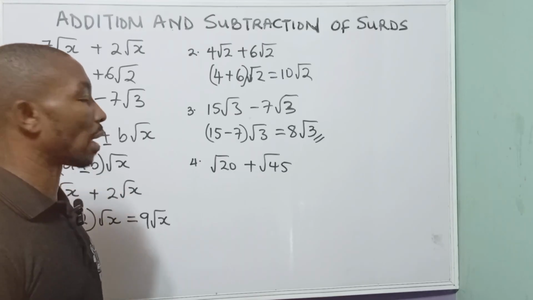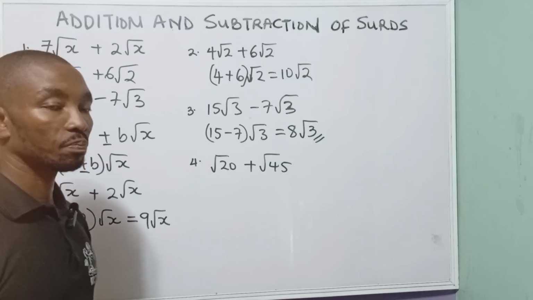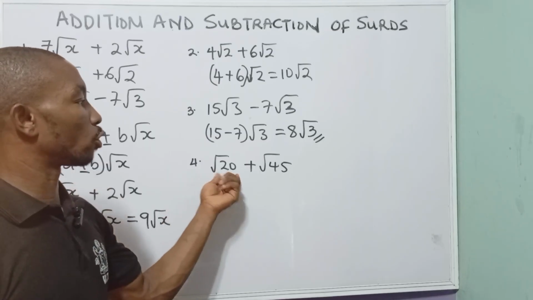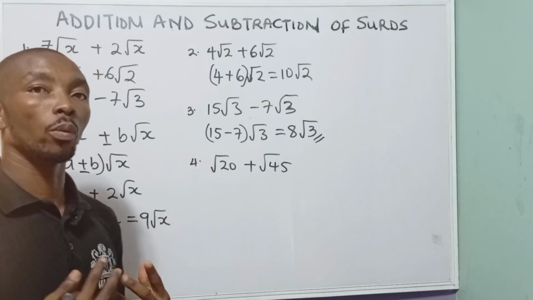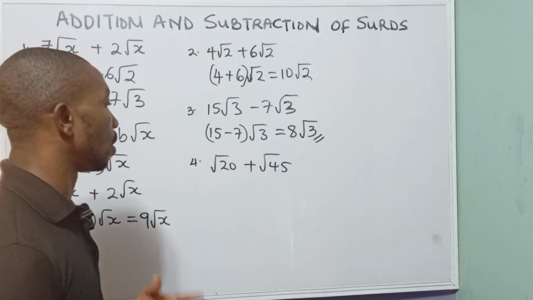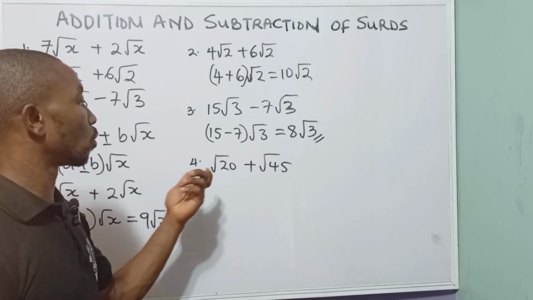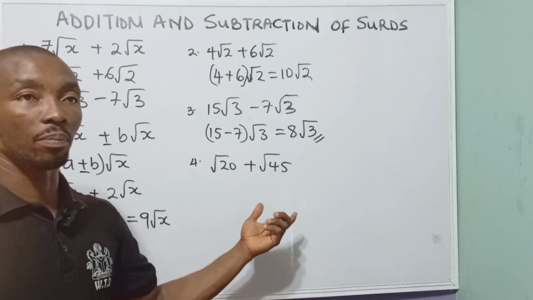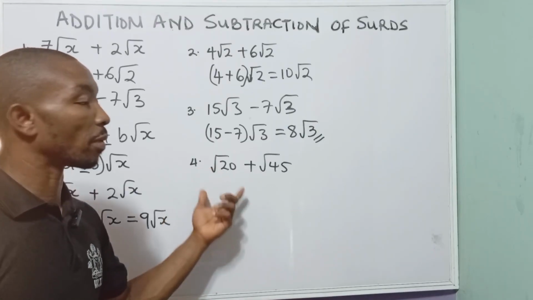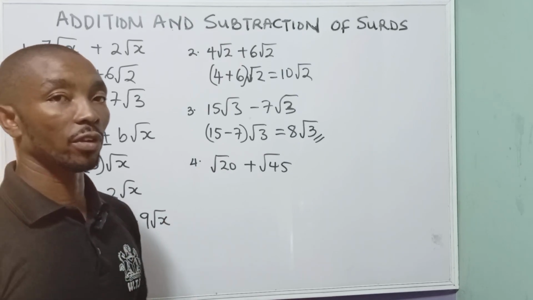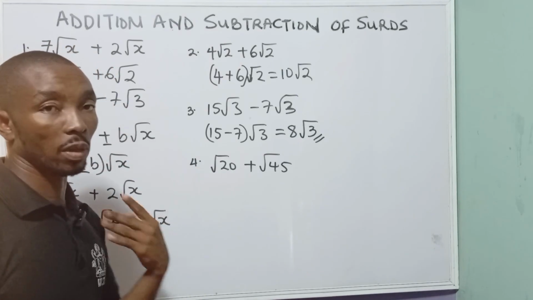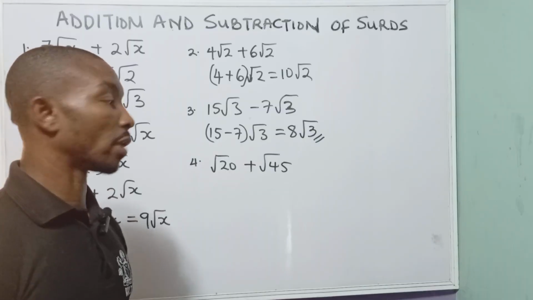Like I said in our other class, for us to simplify root 20 and root 45, we would look for the perfect squares in them. Now, if you haven't seen our videos on surds, please check the playlist. You will get it there.